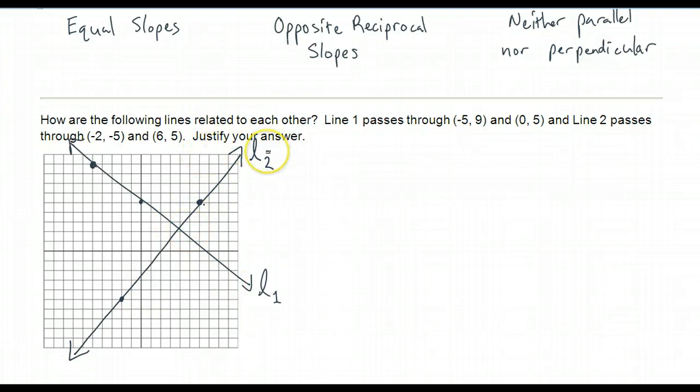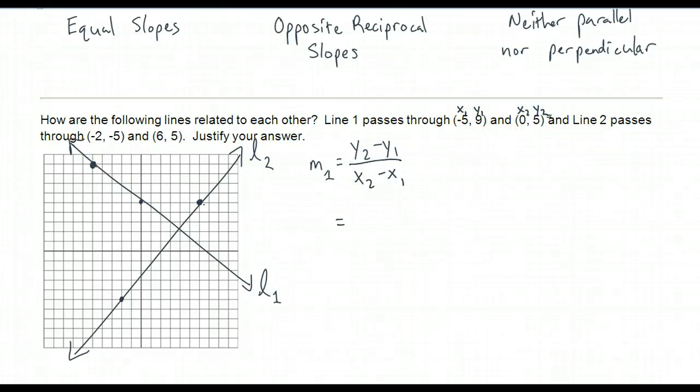To justify my answer, I'm going to find the slope of line 1, m subscript 1. The slope formula is y2 minus y1 over x2 minus x1. I'm in coordinate geometry, so I'm going to use formulas to justify my answer. On line 1, I have x1, y1, x2, y2.